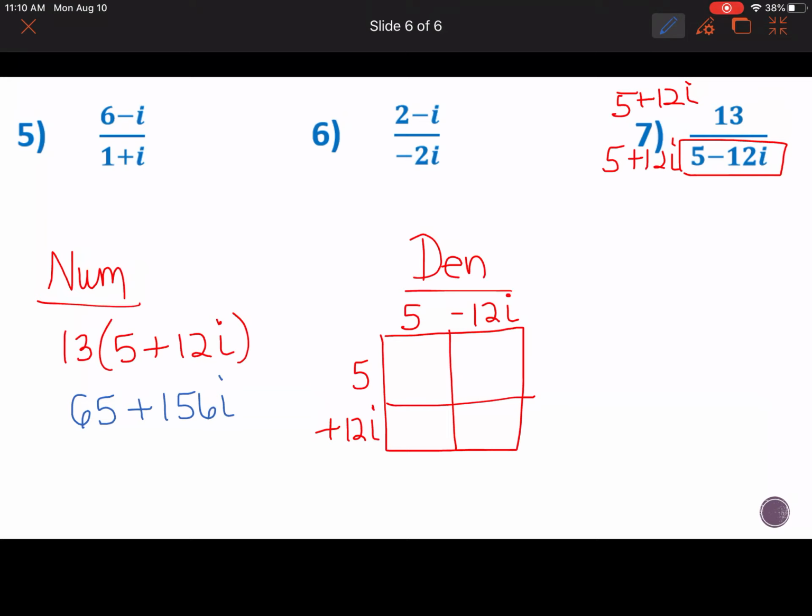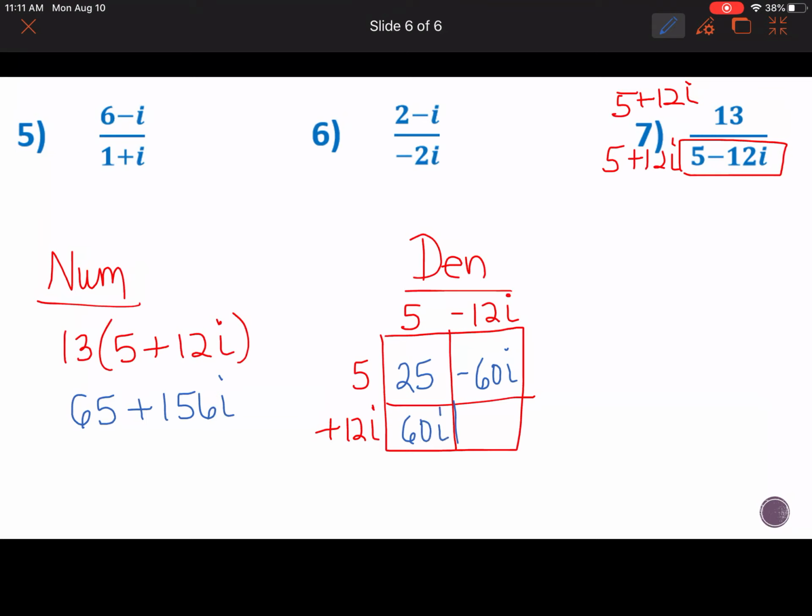Okay, so let's look at our denominator. Filling in our 4 squares, 5 times 5 is 25. 5 times negative 12i is negative 60i. 5 times positive 12i is positive 60i.